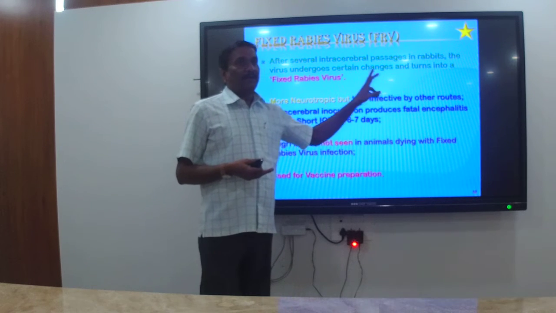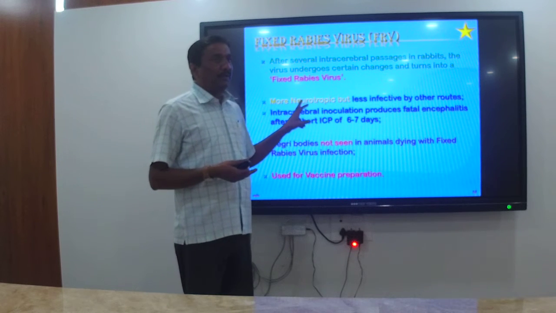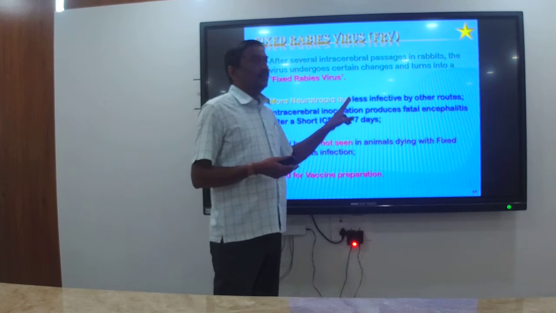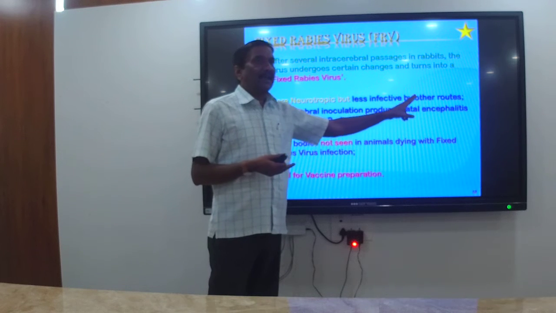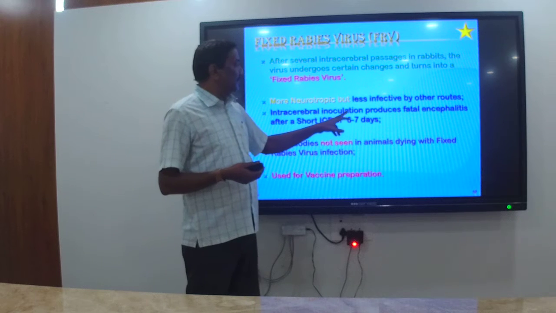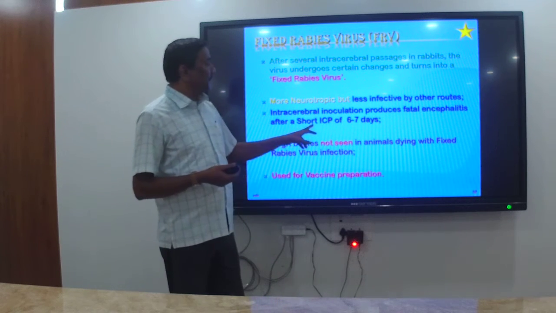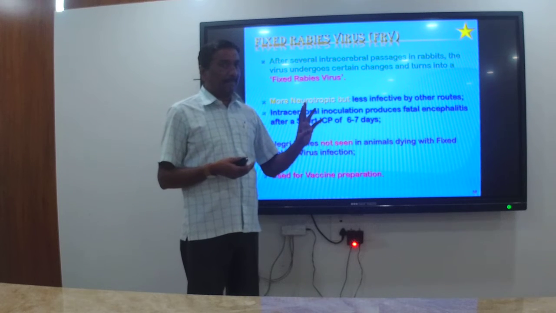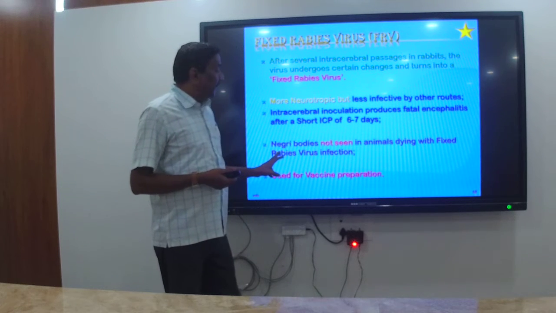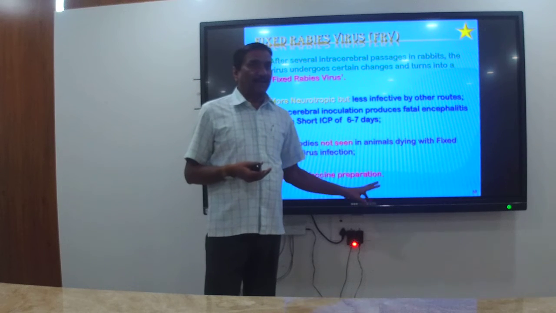That means when it is inoculated into the CNS, it is more neurotropic, but when it is inoculated by some other route, it is less effective. Intracerebral inoculation produces fatal encephalitis with this virus also, with a short incubation period of 6 to 7 days. Then, Negri bodies are not seen in animals dying with fixed rabies virus.